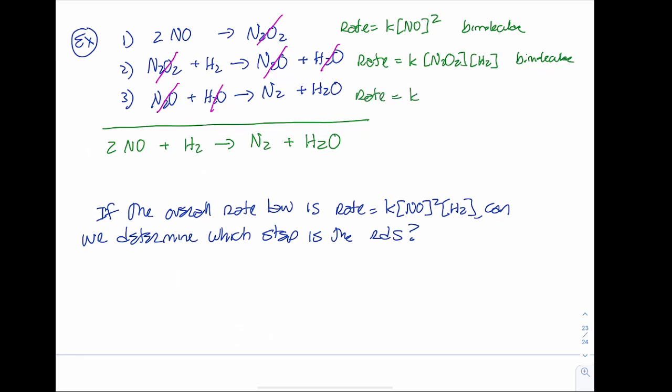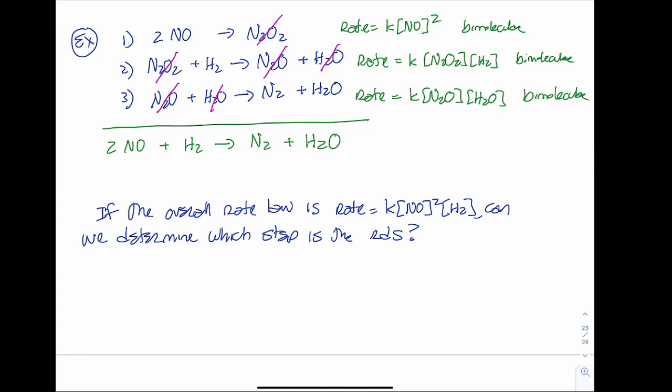My third step, N2O, water, also bimolecular, second order. So all 3 of my elementary steps are bimolecular.